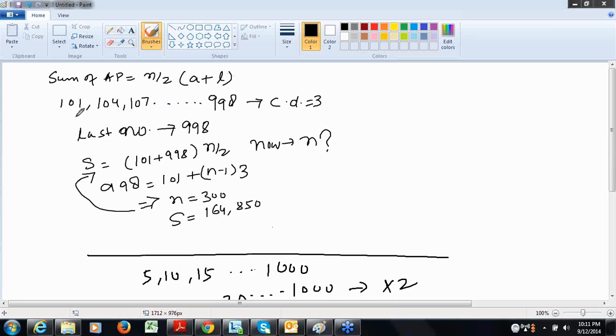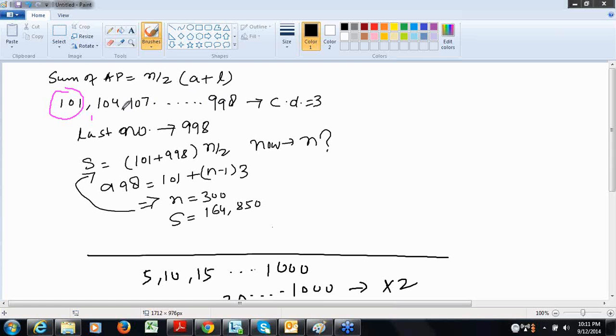It leaves a remainder of 2 when divided by 3. The smallest 3-digit number that leaves a remainder of 2 when divided by 3 will be 101. Similarly, plus 3, so the common difference here is 3. And the last 3-digit number will be 998.